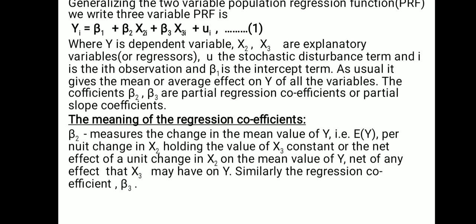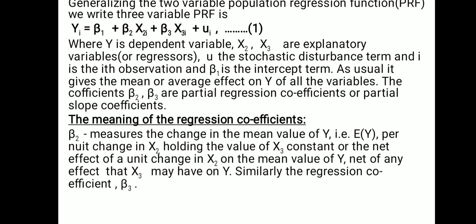So we hold x3 constant, assuming it has no influence. If we keep it constant, then the dependent variable y is influenced by x2, with the other factors remaining constant. On an average, for a unit change in x2, holding the value of x3 constant, there is a net change in the mean value of y.